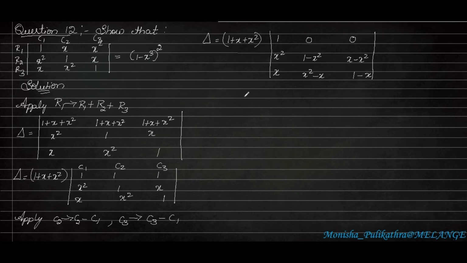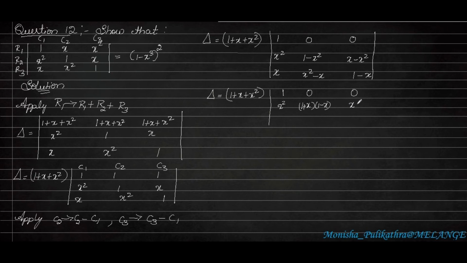After this I will be taking 1 minus x common from all the things. Here x square is there. Let us take common once again. So delta is equal to 1 plus x square, and here 1, 0, 0, x square as it is. So 1 minus x square: 1 minus x square means a square minus b square. So 1 square is equal to 1, and a square minus b square is a plus b times a minus b.